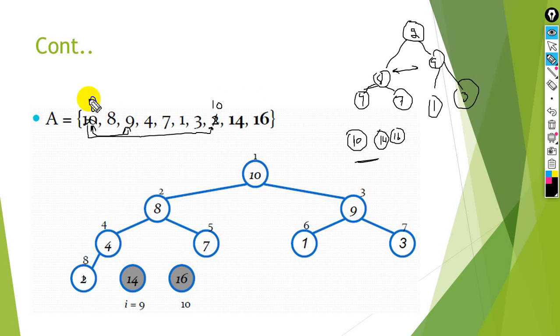So now we will have 9 right here. In place of 9 I will put 2, and in place of 2 I will put 9. So here we will put 2 and here we will put 9 again. So 2 is less than 3 and it is greater than 1, but it's less than 3 so we should swap 2 and 3.